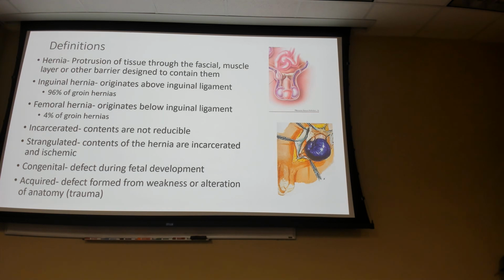And then most of them are inguinal hernias, whether that's direct versus indirect, and we'll talk about that. And then a femoral hernia originates below the inguinal ligament, and an inguinal hernia is above the inguinal ligament. So it's important we differentiate those. And on exam, it can sometimes be difficult identifying these, but hopefully, with practice, you guys will be able to identify it.